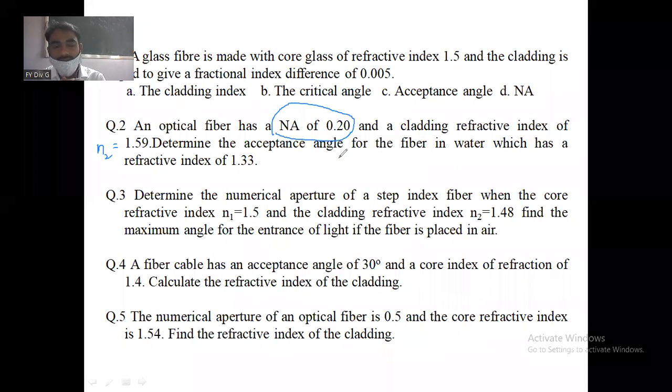When there is the air medium, that is N0 is equal to 1 at the launching end. लॉन्चिंग एंड जे असतं आपलं पहिल्यांदा त्यावेळेची कंडिशन आहे. What is that condition? Numerical aperture.